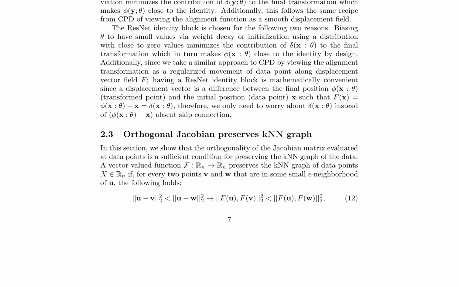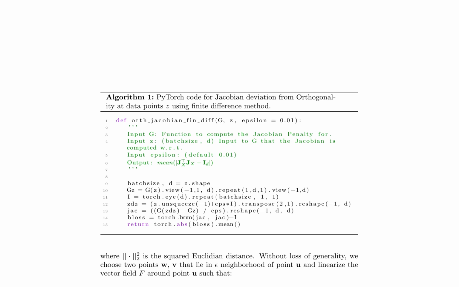The res-net identity block is chosen for two reasons: biasing theta to have small values via weight decay or initialization using a distribution with mean 0 and a small standard deviation minimizes the contribution of delta(y, theta) to the final transformation. This approach follows the same recipe as the CPD, viewing the alignment function as a smooth displacement field.